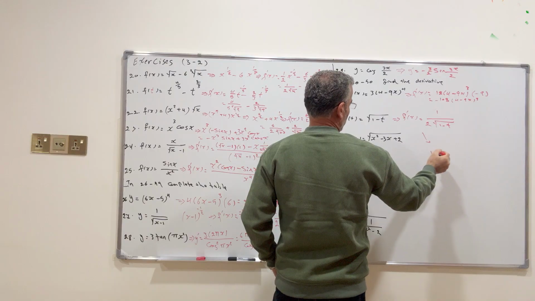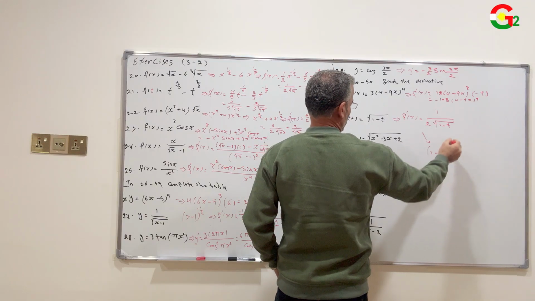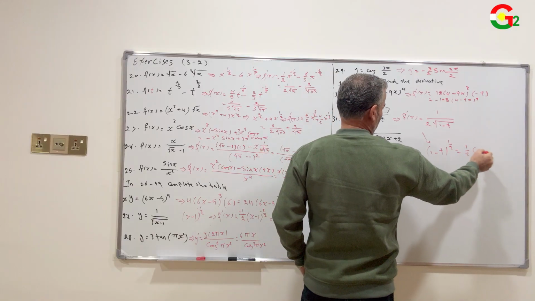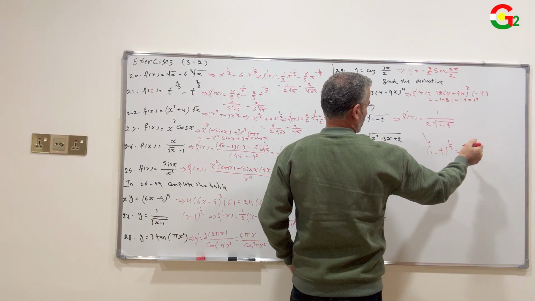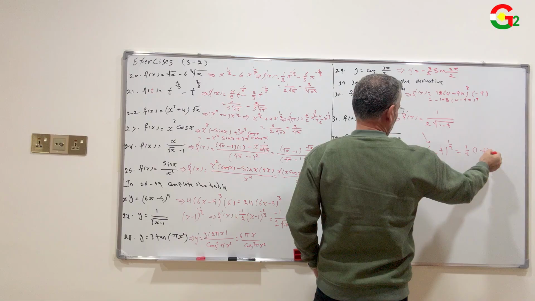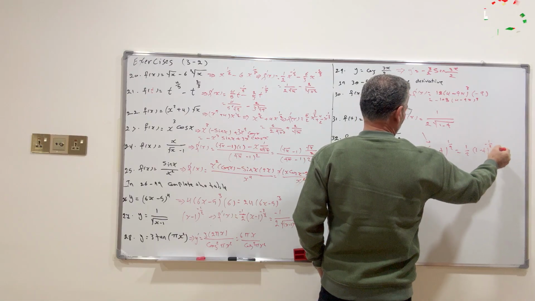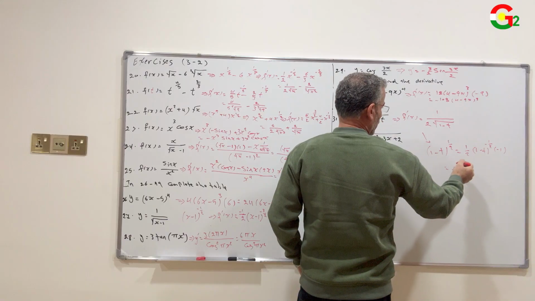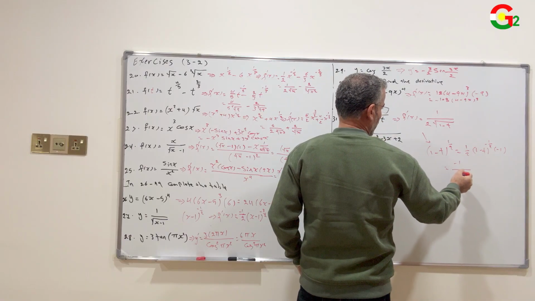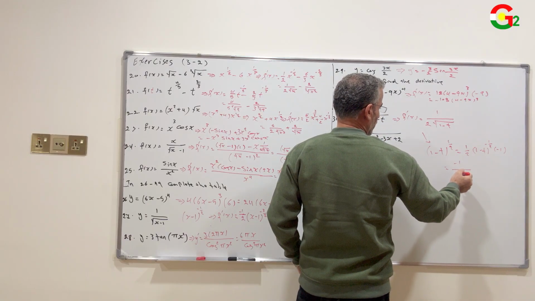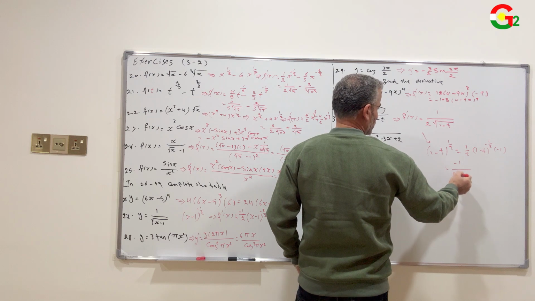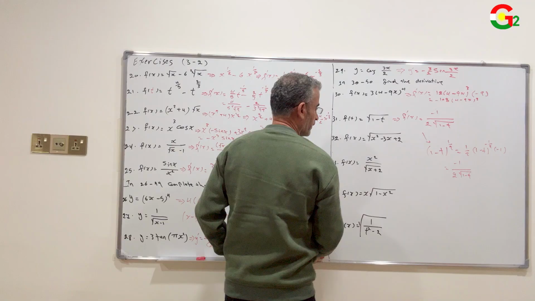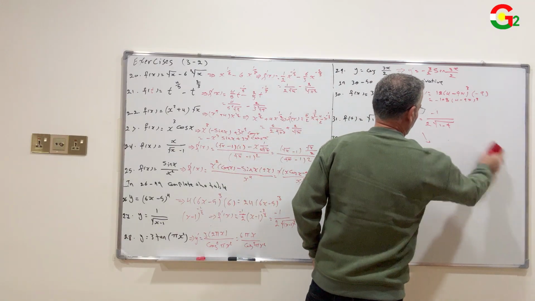We can rewrite the bracket as (1 minus t) to the 1 half, then find the derivative: 1 half times (1 minus t) to the negative 1 half times negative 1, equal to negative 1 over 2 square root of 1 minus t.